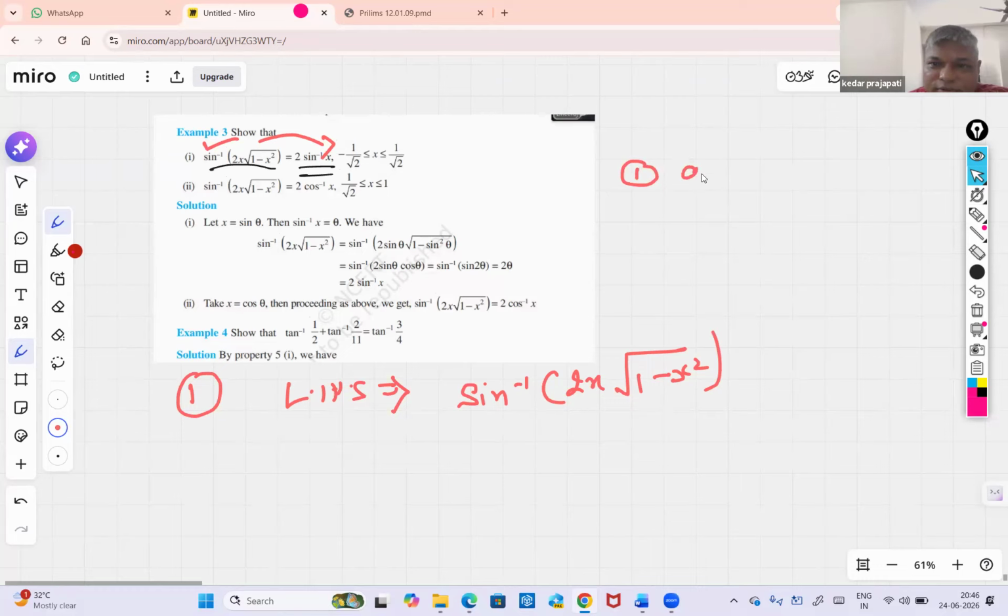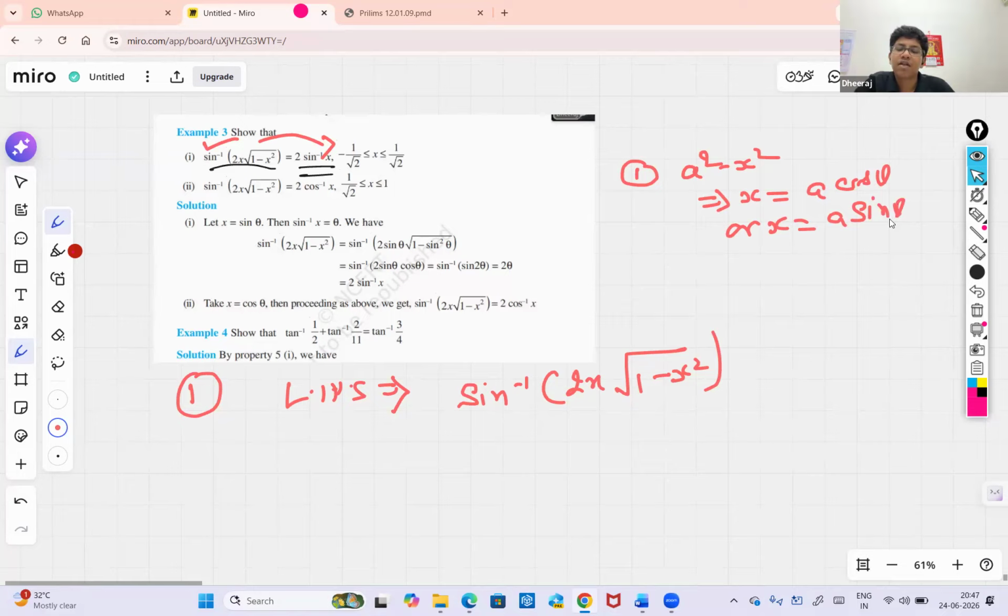Suppose it is written a square minus x square, then what do we substitute? x equal to a cos theta, or x equal to a sin theta. I know how to do it, but I don't remember what to substitute when. But here I'm telling you there are three formulas.